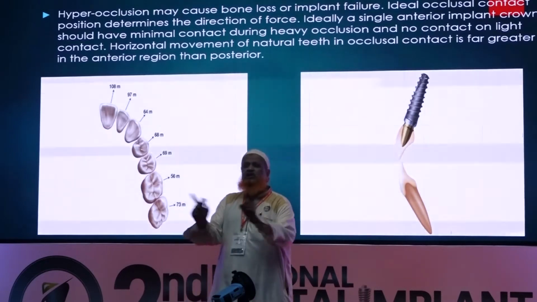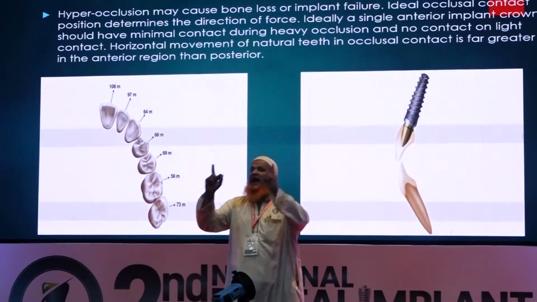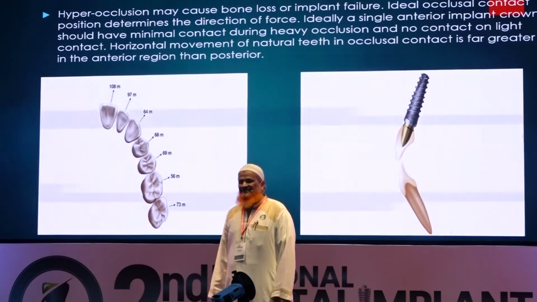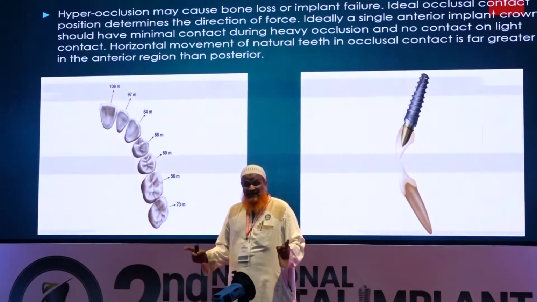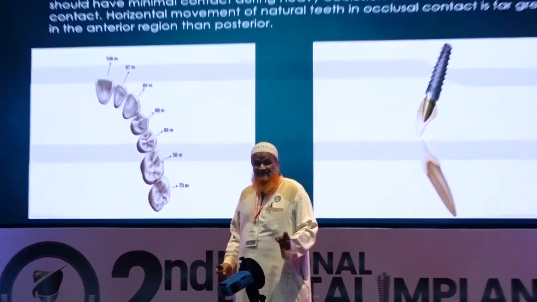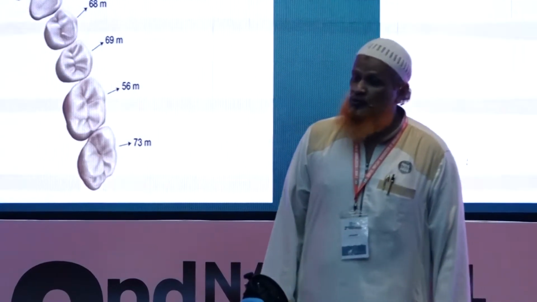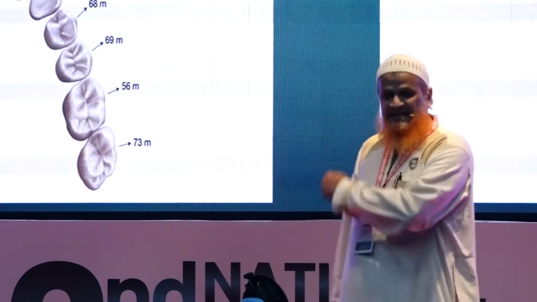The patient cannot be aware of hyperocclusion. Why? There is no sensory biofeedback mechanism in the implant. There can be premature contact, so it should be checked by us with shim stock, which is less than 12 micron.